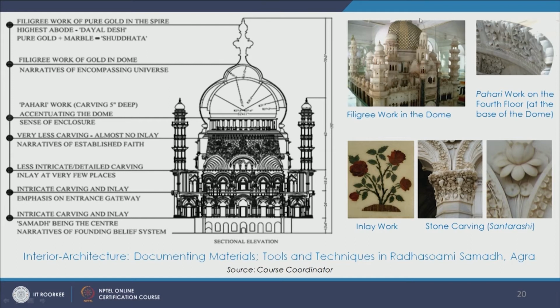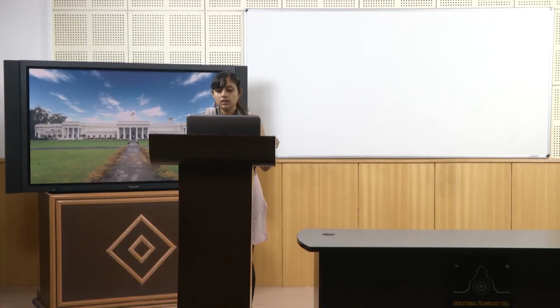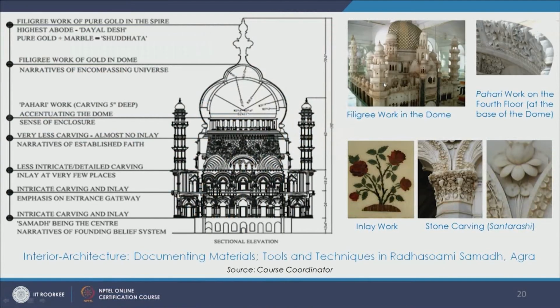In this building there is an exclusive use of marble, different kinds of marble, different colors, and we saw what different techniques have been used, and how these techniques actually create points of interest and experiences within this building.